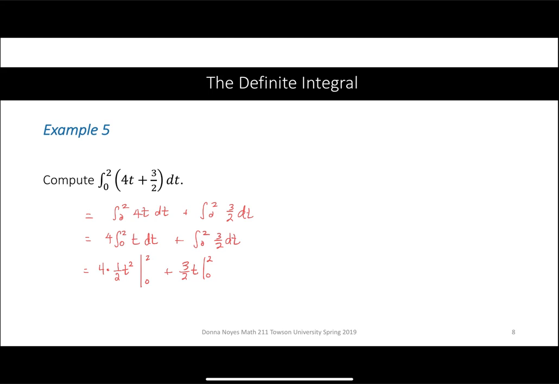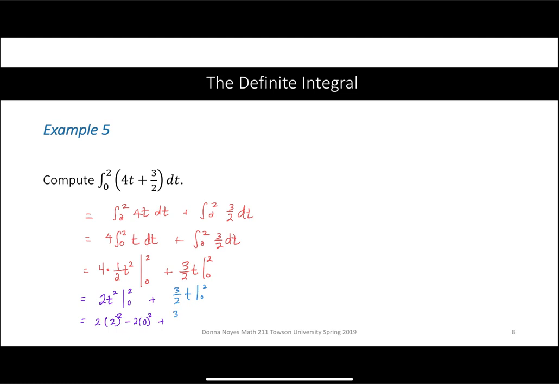When we evaluate each one of these, we get 2t squared from 0 to 2 plus 3/2 t from 0 to 2. So that would be 2 times 2 squared minus 2 times 0 squared.